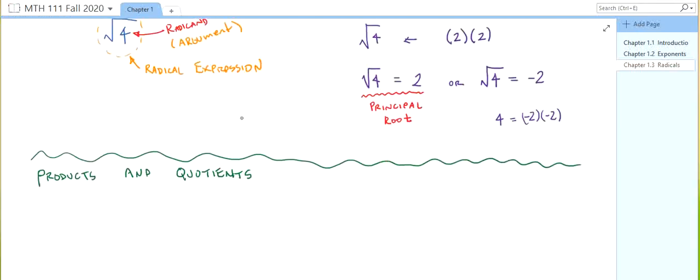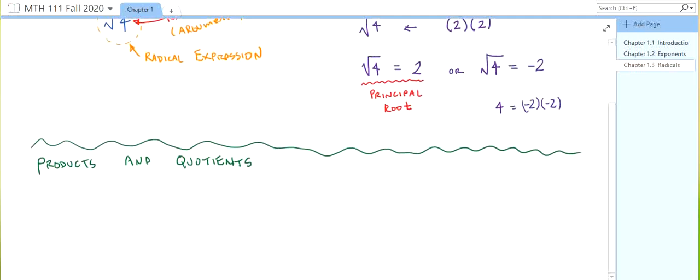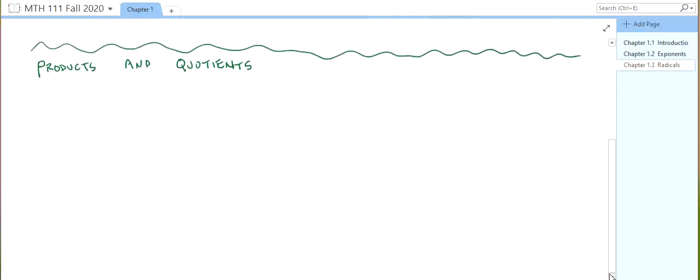Okay, so let's talk about products and quotients of radicals. So say you have, in general, if you take, say, the square root or any radical of a product of two numbers, that's the same thing as taking the product of each radical individually.